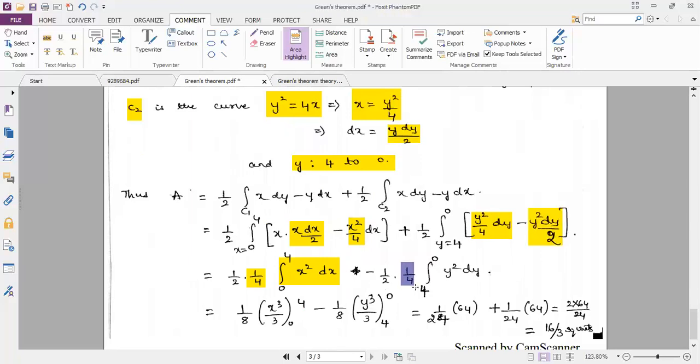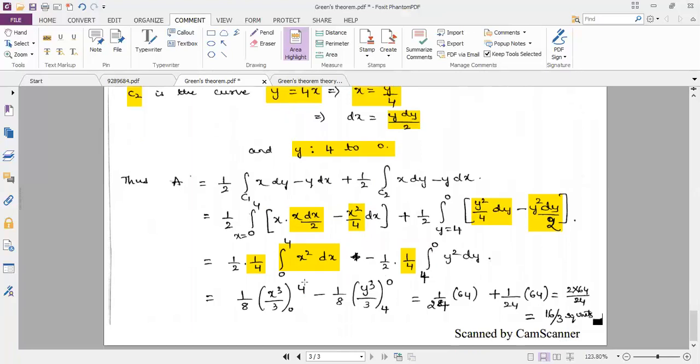Writing again the constant 1 by 4 outside, within the integral we have y square dy. Now 1 by 8 into integration of x square is x cube divided by 3, applying limits 0 to 4, minus 1 by 8 into integration of y square is y cube divided by 3, with integral limits 4 to 0.